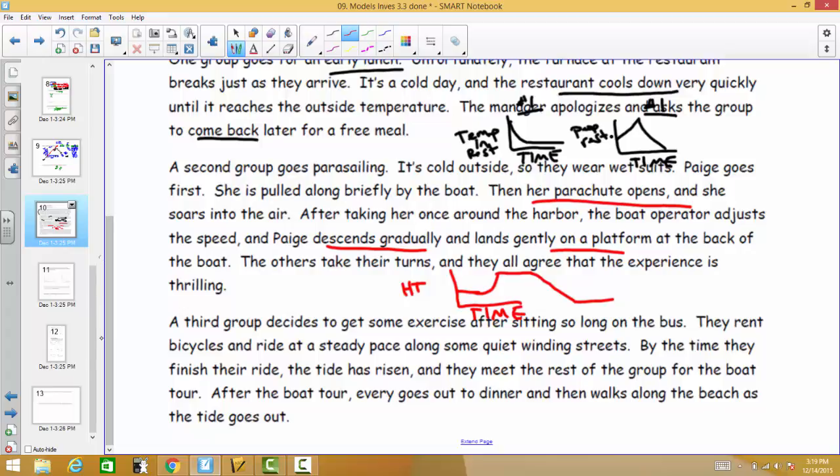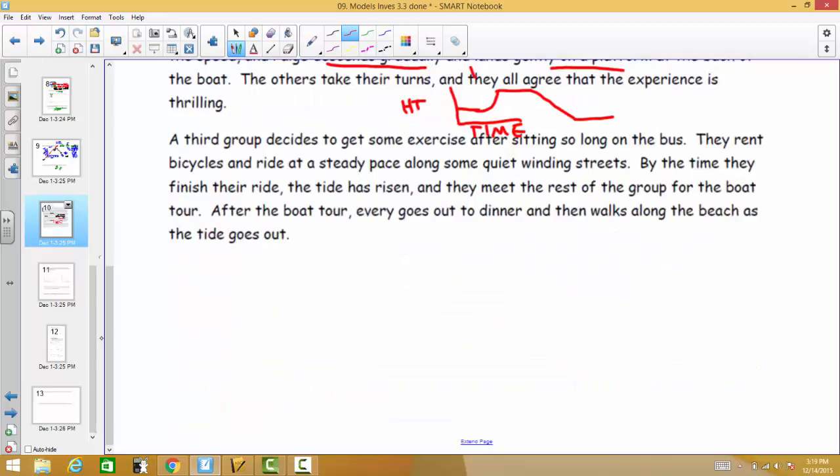And the third group, and our number for this is 2, don't forget titles, are renting bicycles, a steady pace. And that's it. So they're just going at a steady pace. So again, you're in charge of time.